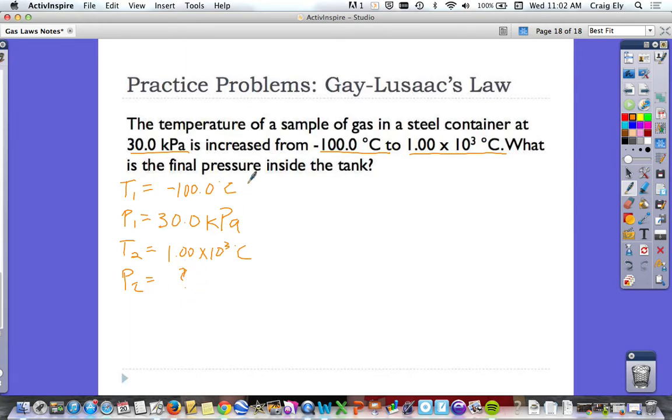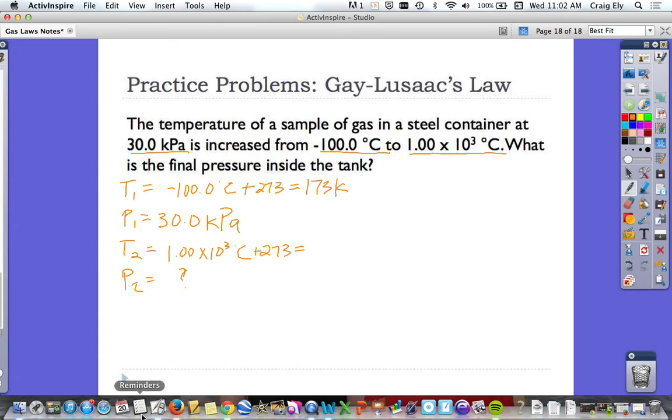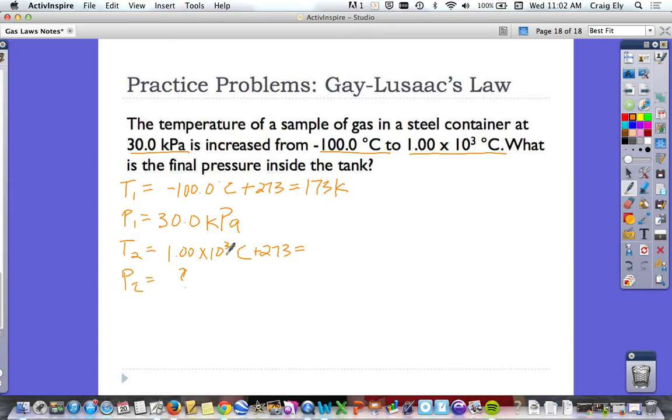All right, let's change these to Kelvin, add 273 to each one, so that gives me 173 Kelvin here. And if I'm adding 273 here, so if we take 1.00 times 10 to the third, that gives me 1,000, so 1,000 plus 273 equals 1,273 Kelvin. All right, let's plug in our formula.